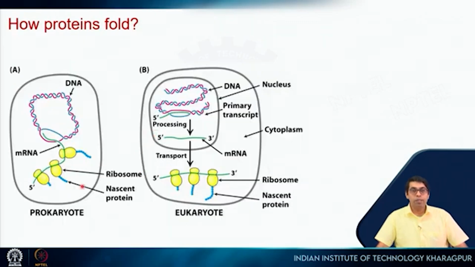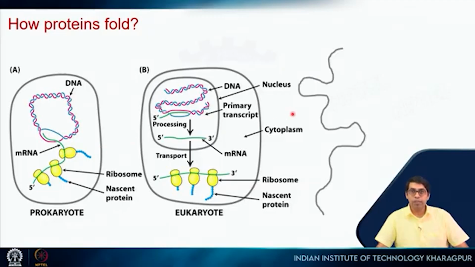Proteins, as we have already seen, are synthesized by ribosomes like this. In bacteria, transcription and translation occur simultaneously, whereas they happen in 2 different compartments in eukaryotes. However, what the ribosome does is connect the consecutive amino acids depending on the mRNA sequence.